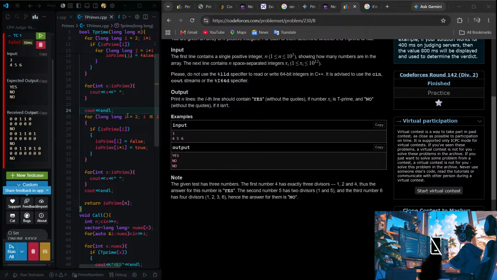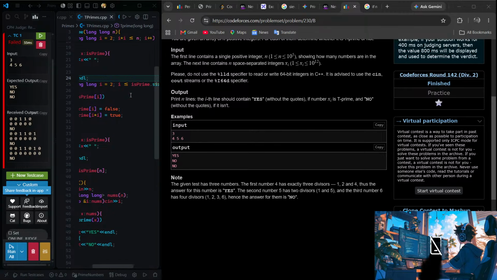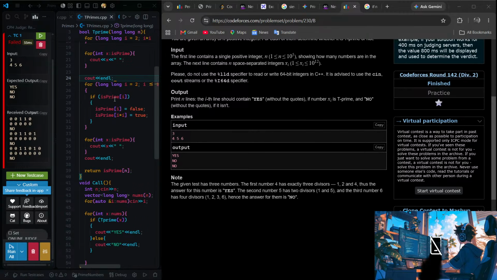So this is fine. But when I am iterating over this, I will see that this is a prime number. So the square of this index, meaning 0, 1, 2, and this is 3, this is 4, I will mark as true. But it will never become true.